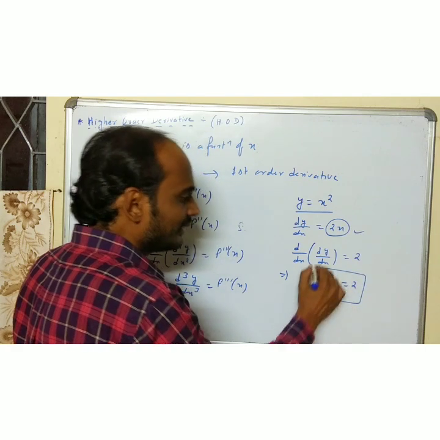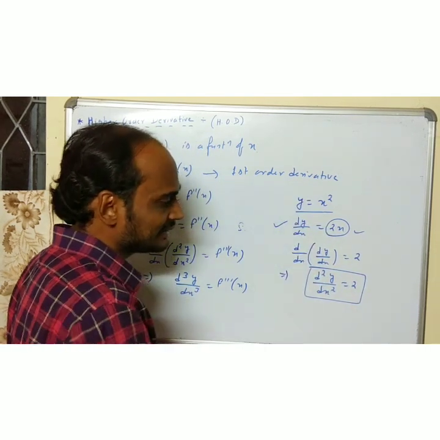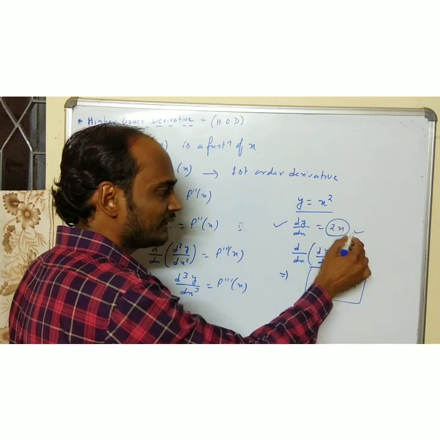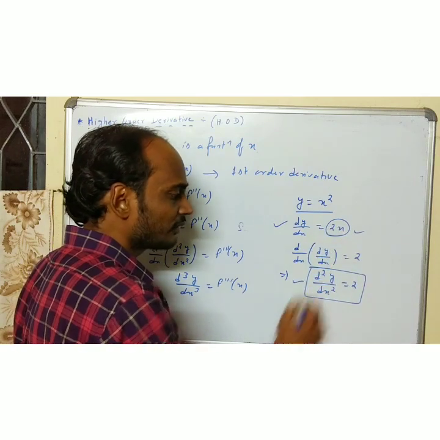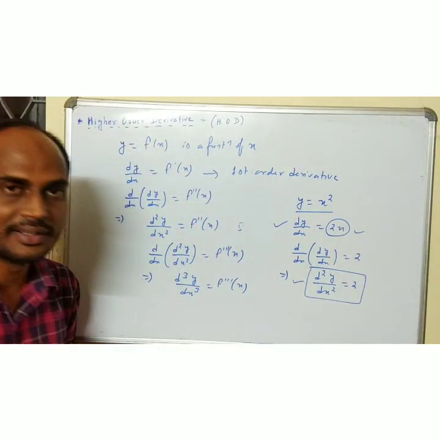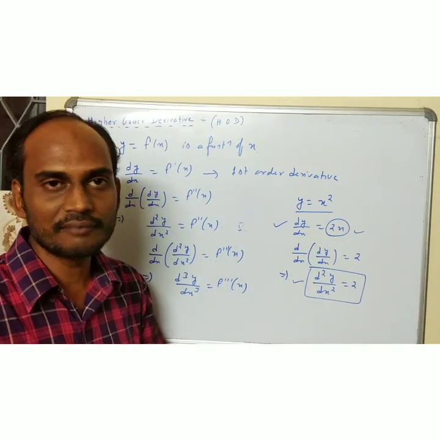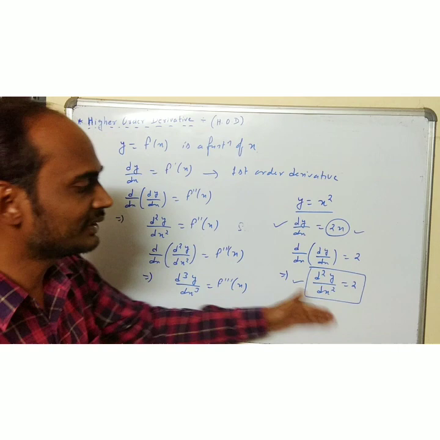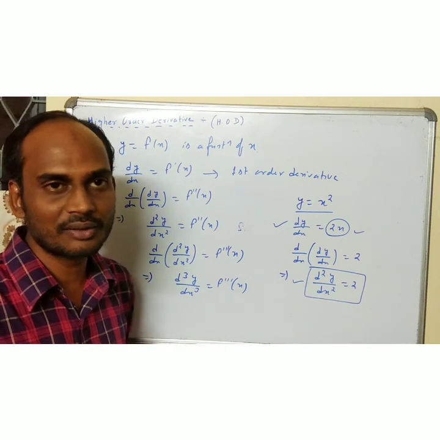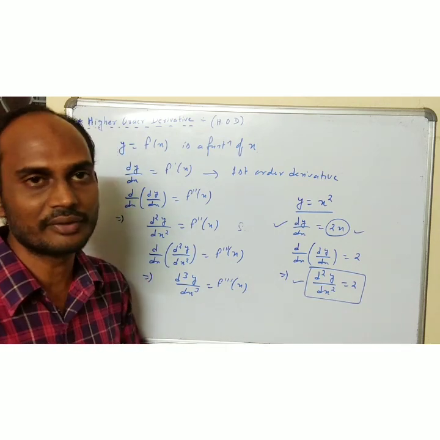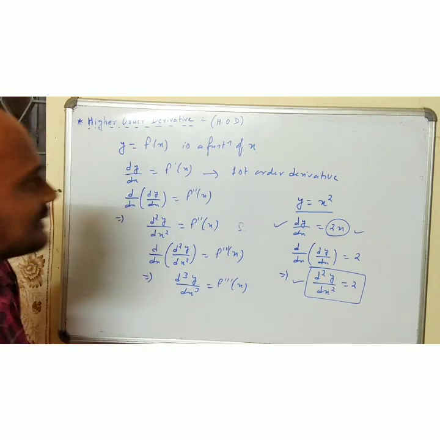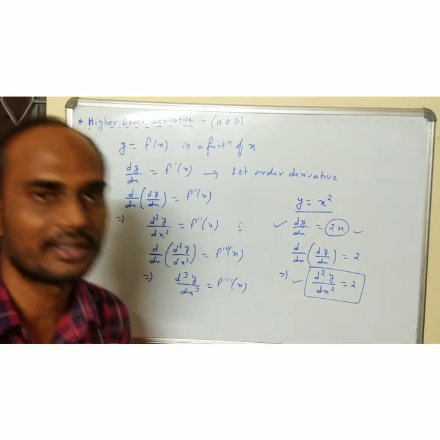So you can see that the first derivative of this function exists, and further the first derivative is also differentiable, and we have found the second derivative of this function. So we call this the second order derivative. Like that, if it is further differentiable, you can find the third order derivative, and so on. So this is about what is successive differentiation or the higher order derivative.